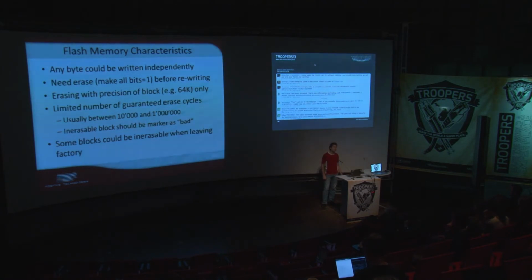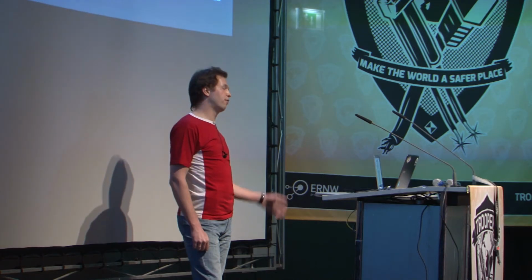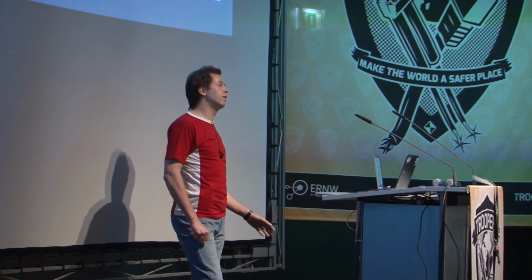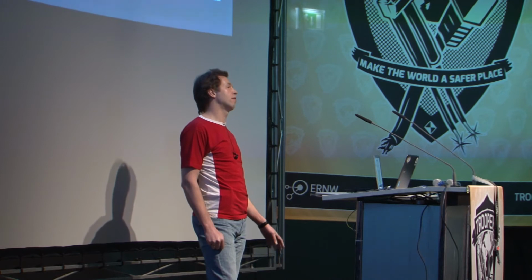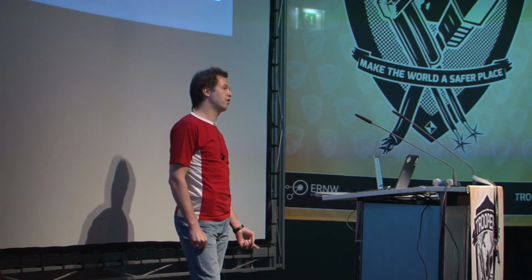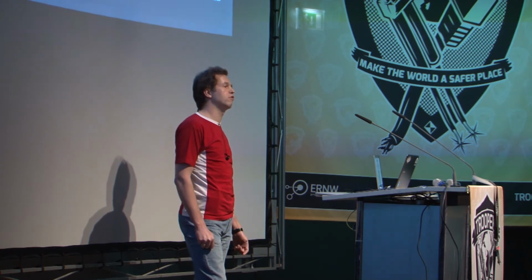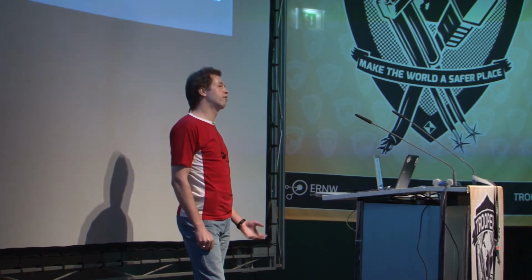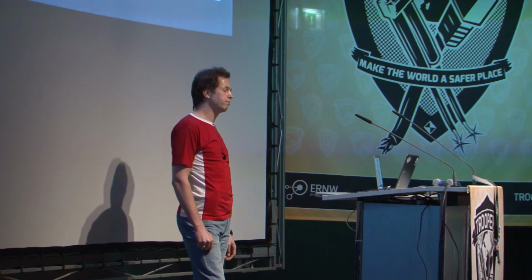With flash, you are limited to a small number of erase cycles per block. So if a block is erased, for example on bad flash, 10,000 times, you will never be able to get all bits set to one after an erase. That block is considered bad, and it should be excluded from later usage.